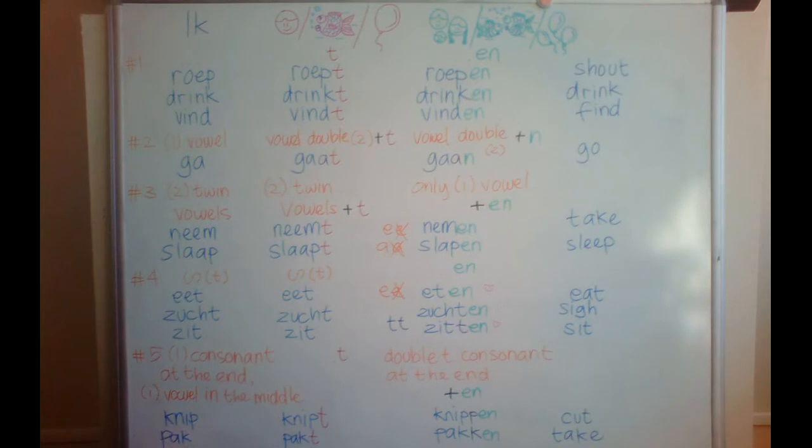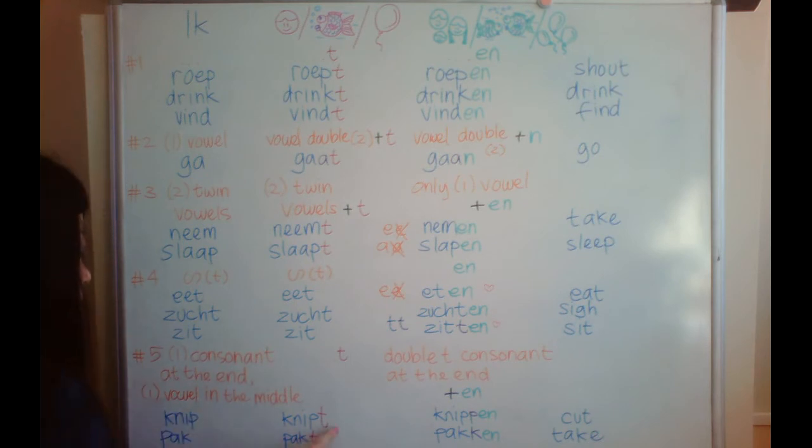This one has 2, this one has 1. We don't care about it, we just care about the consonant at the end, and we care about the vowel in the middle. In this case, for subject that consists of one, we put T at the end.